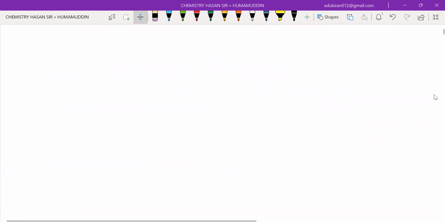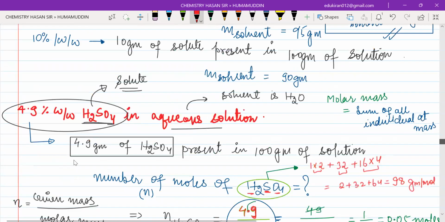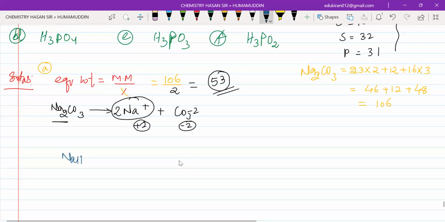No, NaHCO3 is a salt. So you are going to take total positive or total negative charge. So NaHCO3, if you dissociate it, it will be converted into Na plus, H plus and CO3 minus 2, right?